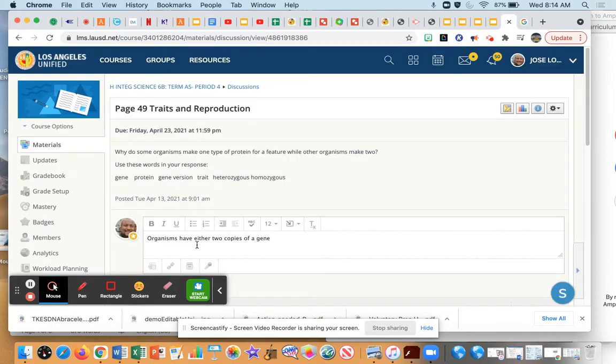Going back, organisms have either two copies of a gene that are the same version, or they can have two different versions.